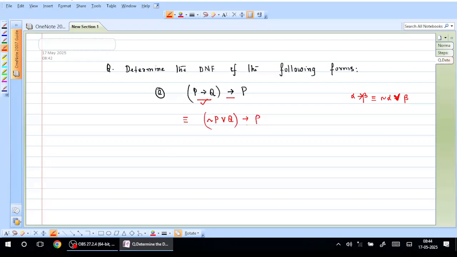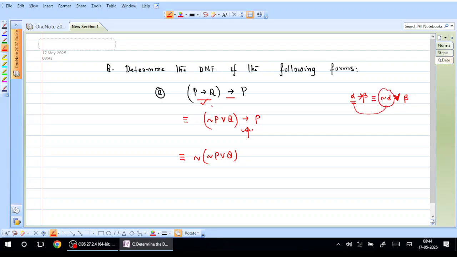Again I go for handling the next conditional here. So this is equivalent to negation of P join Q, and I go for its negation because this is the hypothesis and I have to go for the negation of the hypothesis.